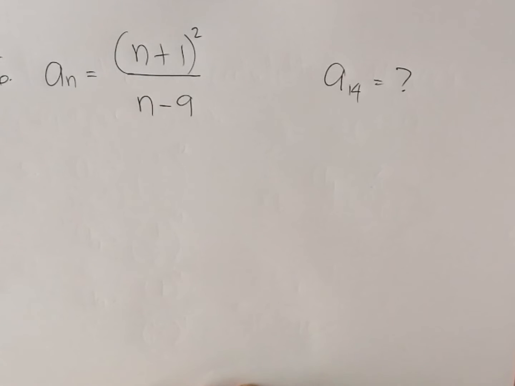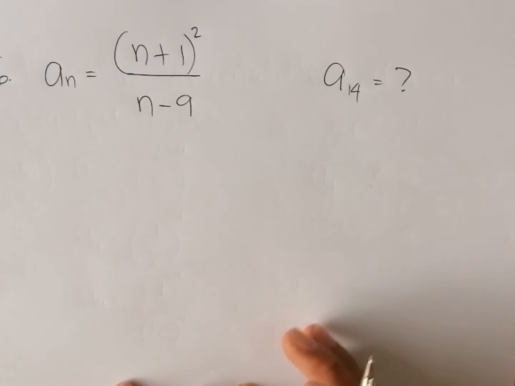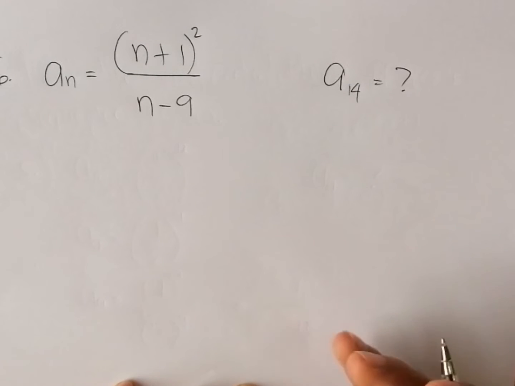For number 6, we have a sub n is equal to the quantity of n plus 1 raised to the power of 2 all over n minus 9. And what is a sub 14? Meaning, the value of our n is equal to 14.